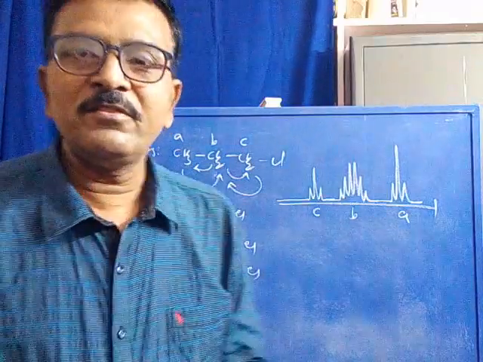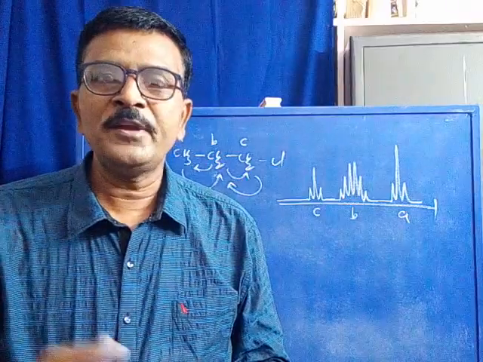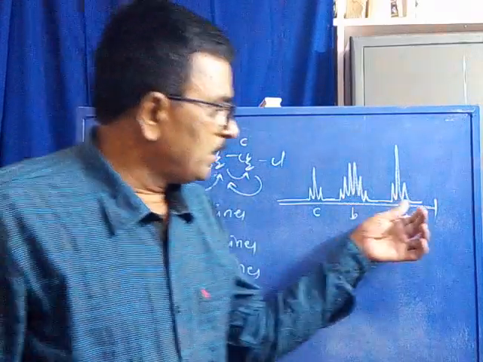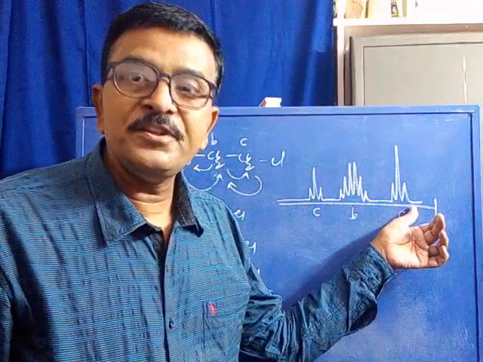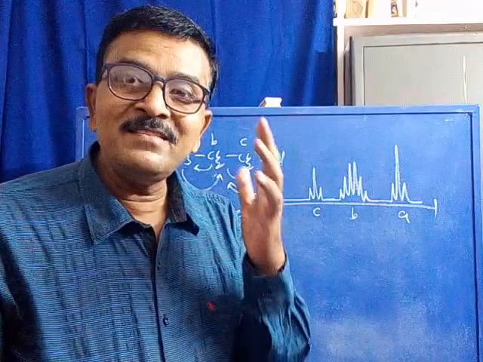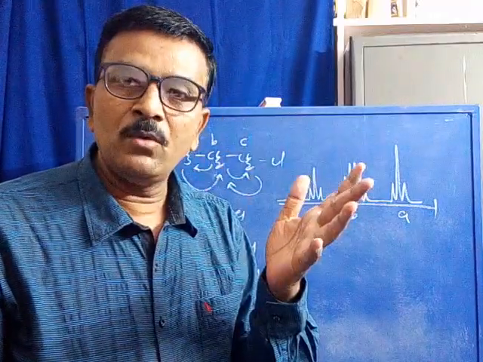So the number of lines will be given by the N plus 1 rule. Now coming to another question. What is the intensity of each line? The number of lines for a spin coupled proton is given by the N plus 1 rule.